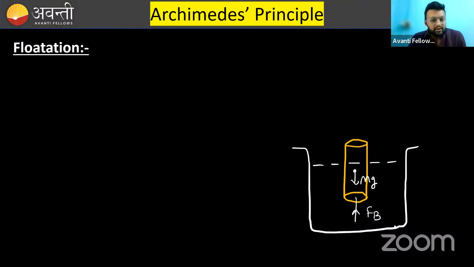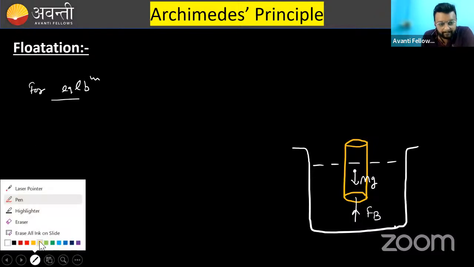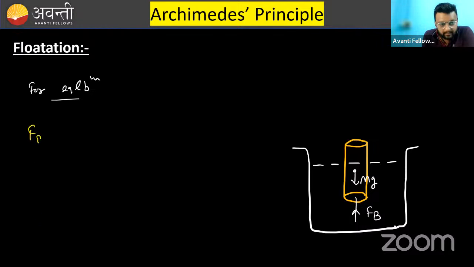So for the equilibrium, these two forces must cancel each other, or must be equal in magnitude and opposite in direction. So they are opposite in direction, so they must be equal. So what we can say, for equilibrium, this buoyant force must be equal to the weight of the solid.